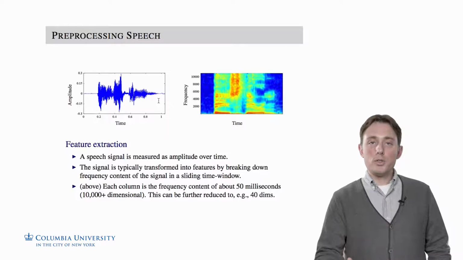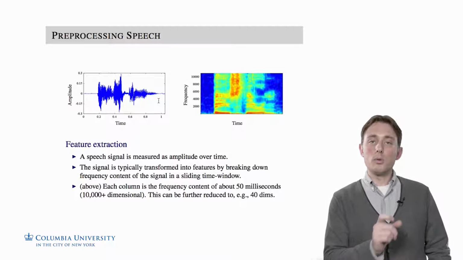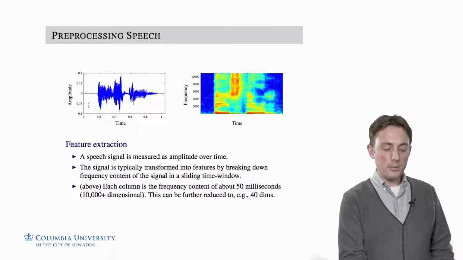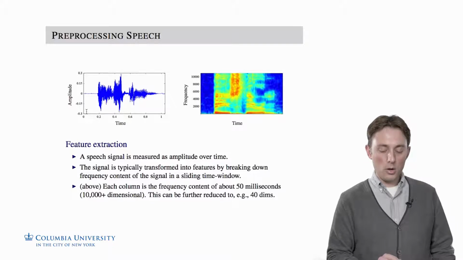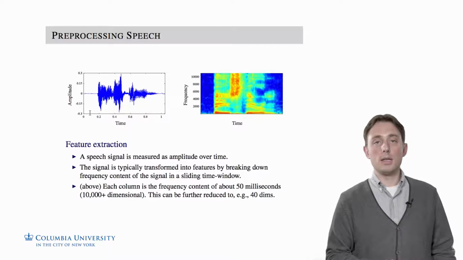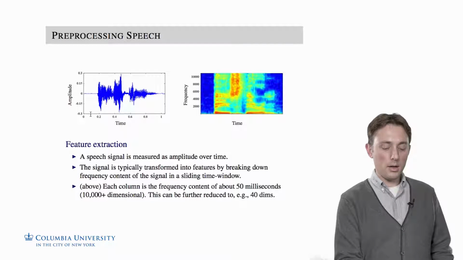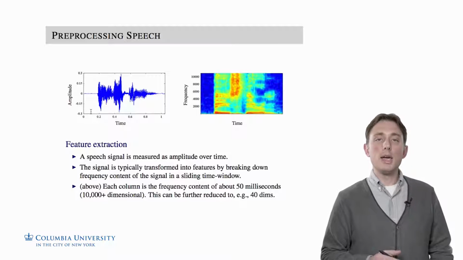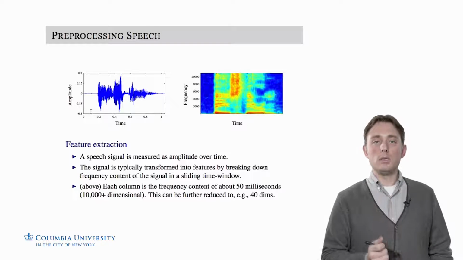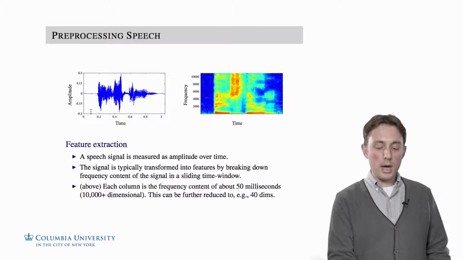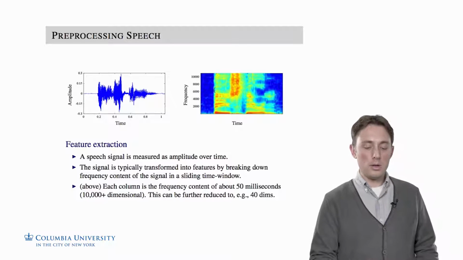We then extract features from this using the Fourier transform along a sliding window. So at different points in time, we expand a window. For example, at this point here, we expand a very small window, perhaps 50 milliseconds around this point. And we then look within that 50 millisecond window at the audio signal at that time point and extract a feature vector for it.